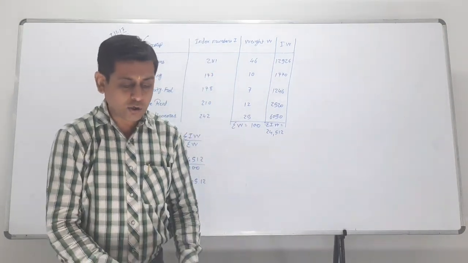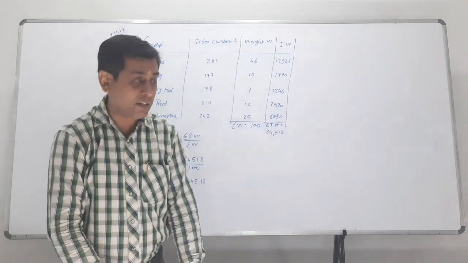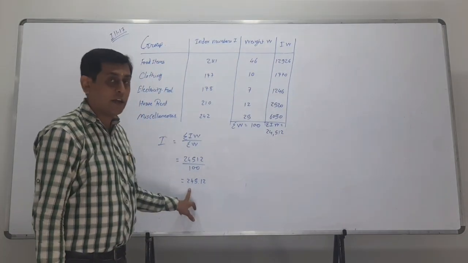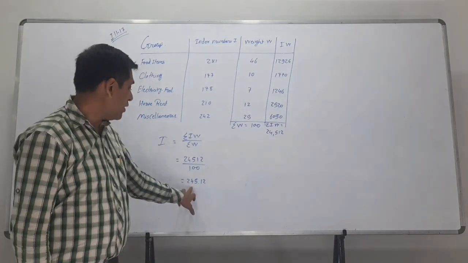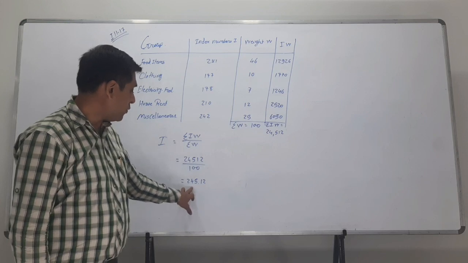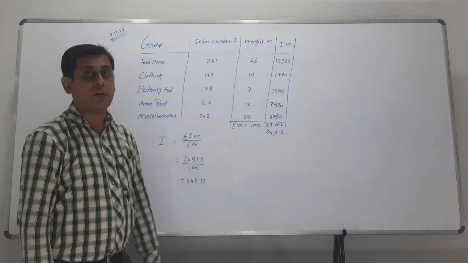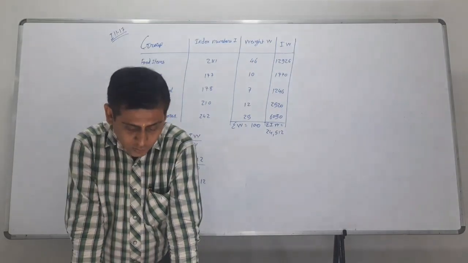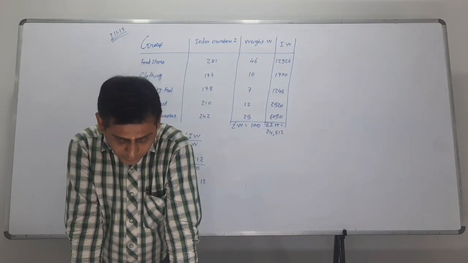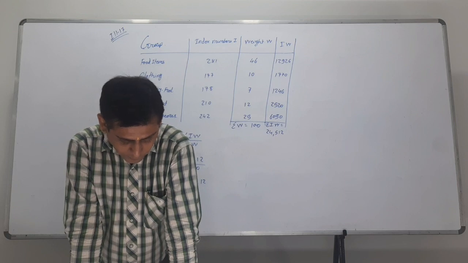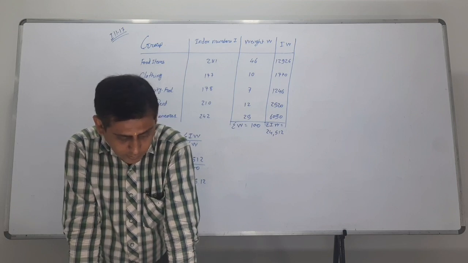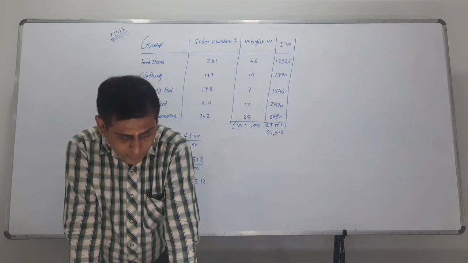See here, subtract 100 from this, always from the answer. That's why 100 minus, so 145.12% rise in the price of the total expenditure, right? So here your illustration 17 is complete.